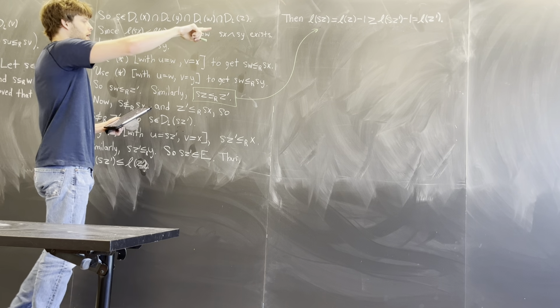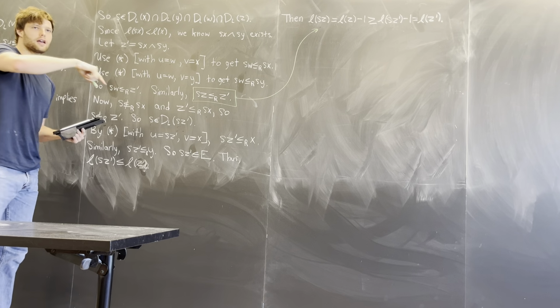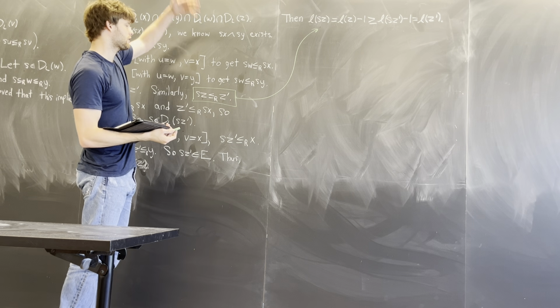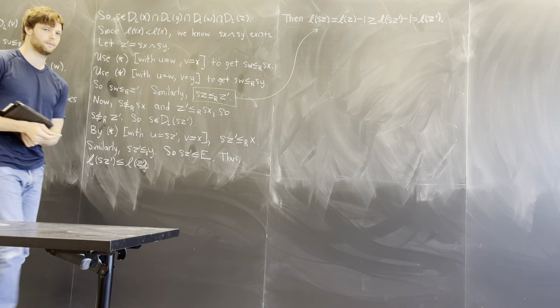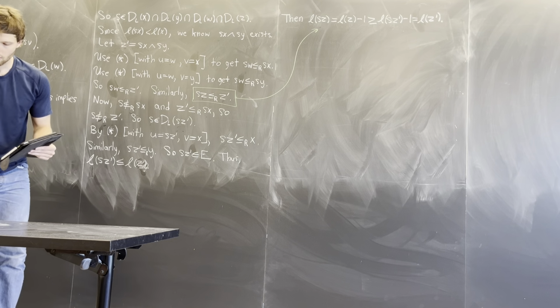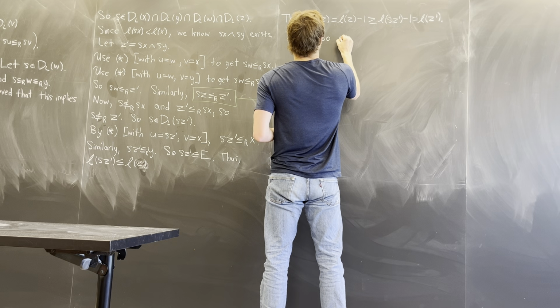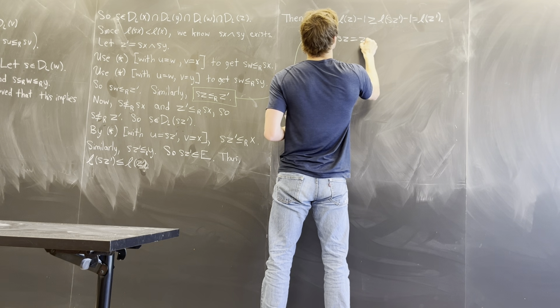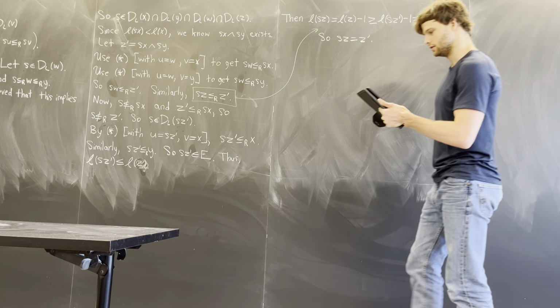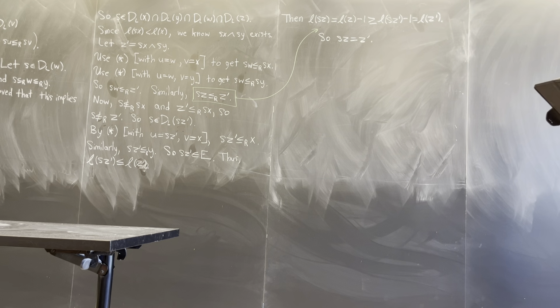So these two combined imply that SZ has to equal Z prime. Because if it's less than or equal to Z prime, and its length is at least the length of this, then it actually is equal to this. So SZ equals Z prime. Okay.